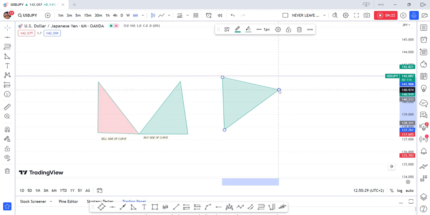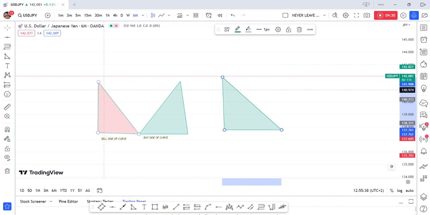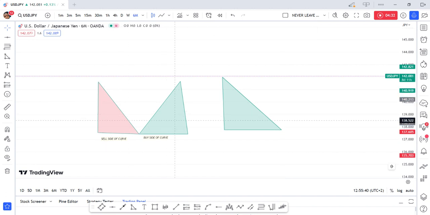What we do on the sell side, we do on the buy side. You don't have to forget these simple rules. What we do in the sell side, we do in the buy side. Let me just draw it.